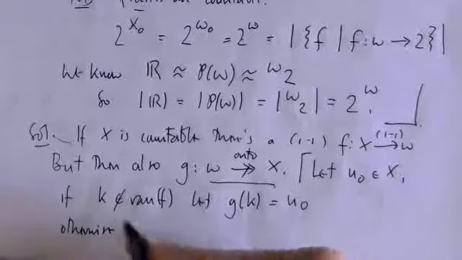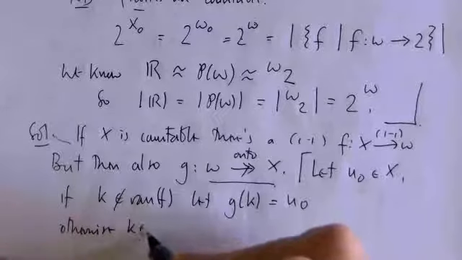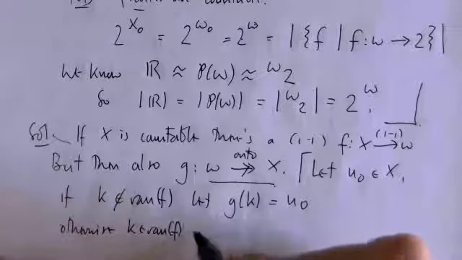Otherwise, when k is in the range of F, just let it be F to the -1 of k.